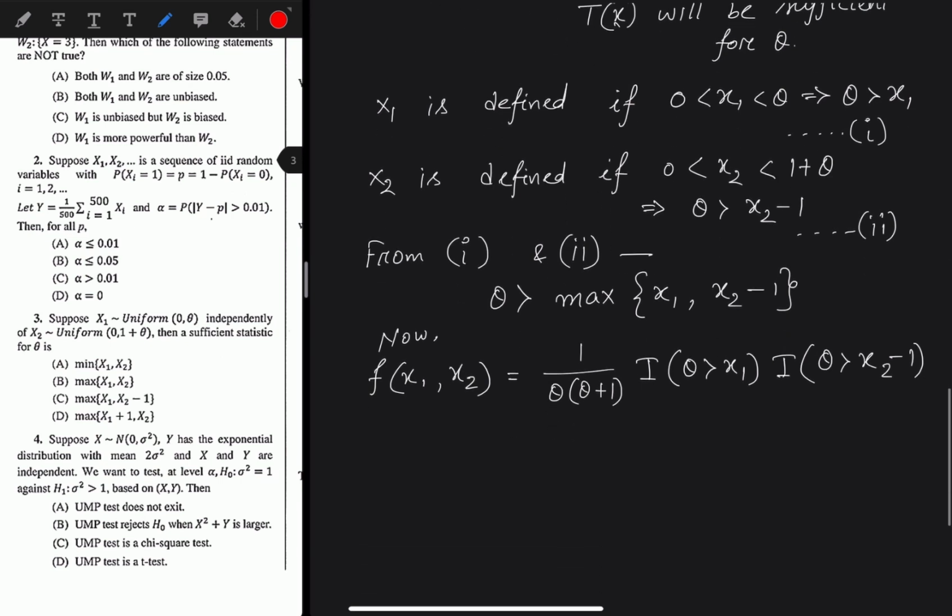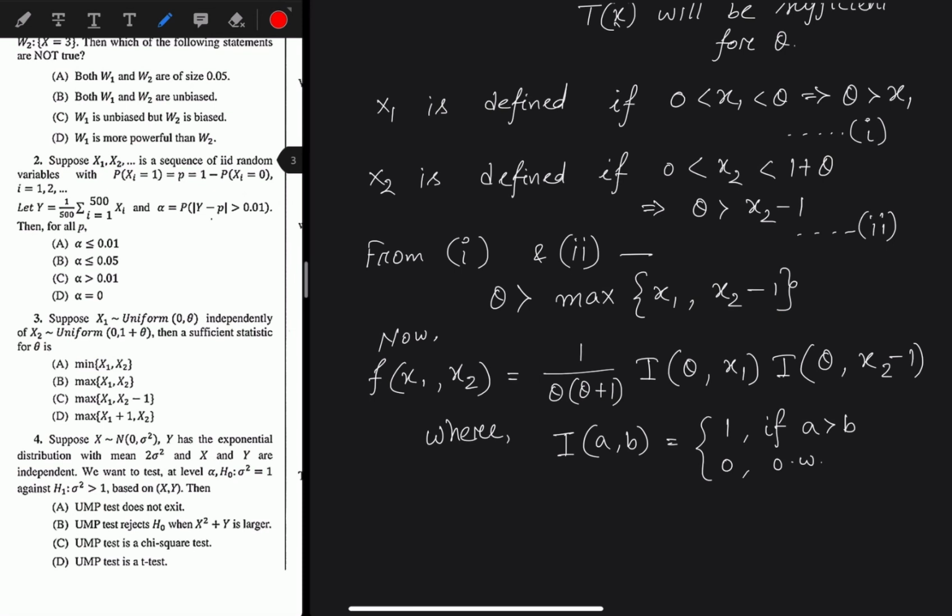Let's define the indicator variable I of a comma b as 1 if a greater than b and 0 otherwise. So obviously I of theta comma x1 will be 1 if theta greater than x1, and I of theta comma x2 minus 1 will be 1 if theta greater than x2 minus 1.